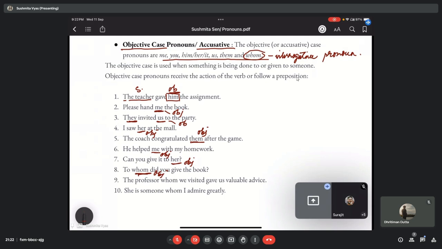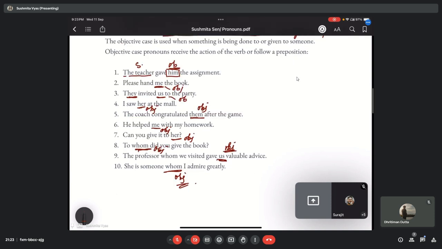What is the objective case pronoun here? Us. Us is the objective case pronoun. She is someone whom I admire greatly. Again, whom is the objective case pronoun. Okay? Clear so far?